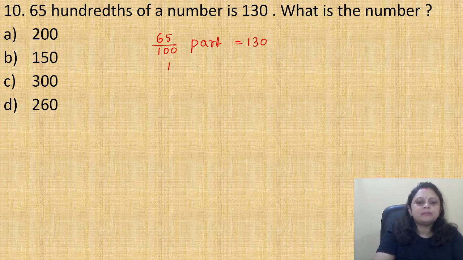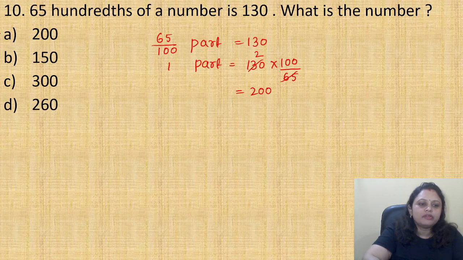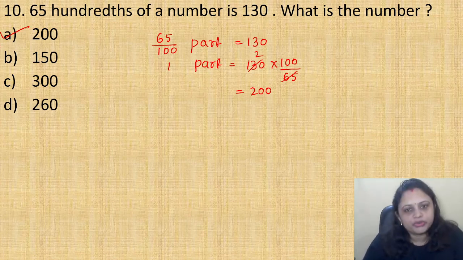So what is that number? 1 part is equal to 130 times 100 by 65. So it is 2 times 100, which is 200. That number is 200, which is present in option A.